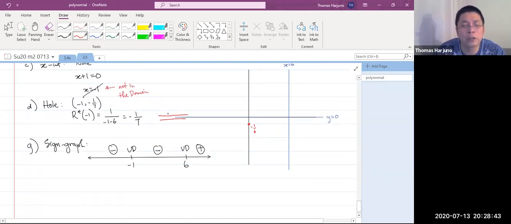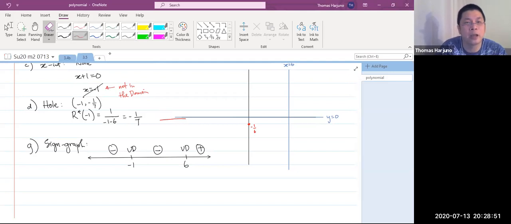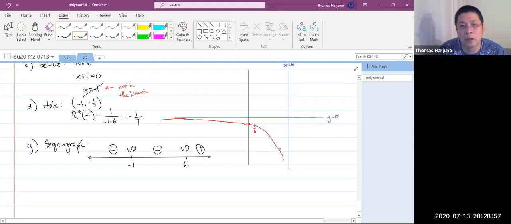So we don't know if we start from the top or the bottom, but from the sign graph, we know it's supposed to be below the x-axis. Okay, and then I will go all the way, and because we get closer to the vertical asymptote, it will go to -infinity. How do we know it's not going up here, Thomas?